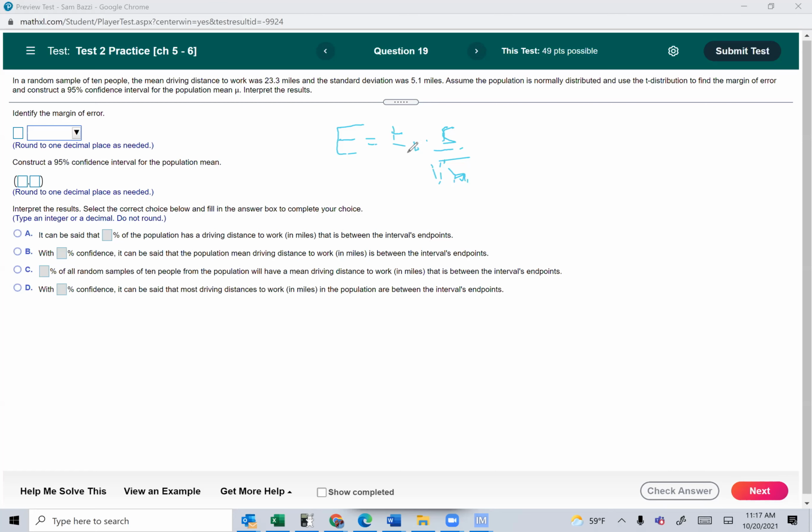So you just take 2.262, multiply it by 5.1 and divide by square root of 10, which will give you the margin of error. But you always, guys, can find the interval first, subtract the lower value from the higher value and divide by 2, you get your margin of error. Okay? So that's another way to do it.